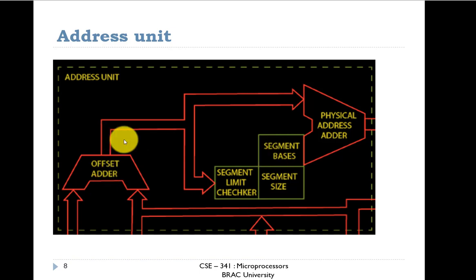The offset address is the output of the offset adder. The segment limit checker checks that the current offset address does not exceed the segment size, that is 64 kilobytes. Thus, using segment base and offset address, the physical address is calculated.